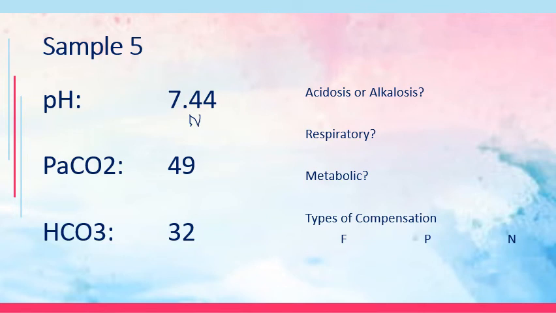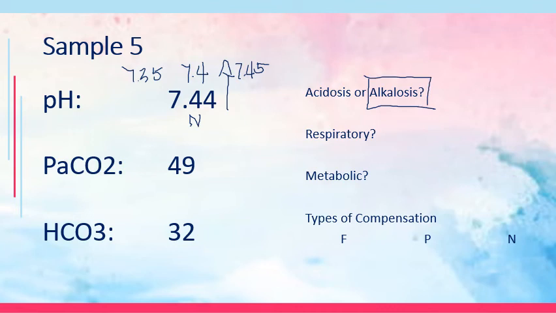In cases like this, we use the midpoint as the point of reference. In that case, 7.4, because 7.4 is between your 7.35 to 7.45. In this case, it says 7.44. Is it increase or decrease? In reference to 7.4, I can say that 7.44 is increase. Is this acidosis or alkalosis? This will be alkalosis.